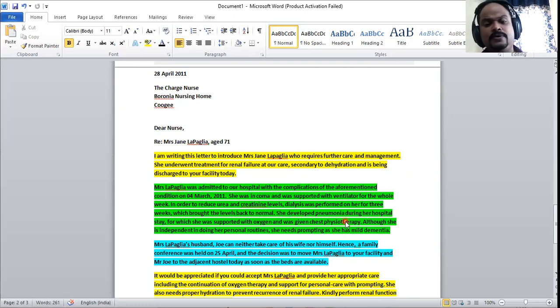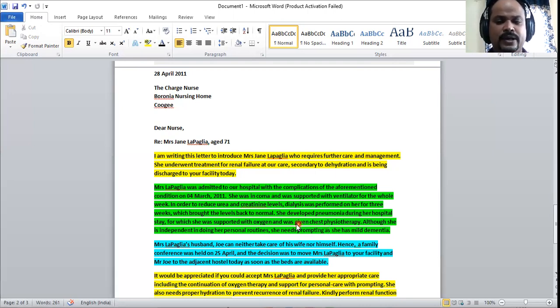She developed pneumonia during her hospital stay, for which she was supported with oxygen and was given chest physiotherapy. So, pneumonia. Hospital-acquired pneumonia, that's what we have written.